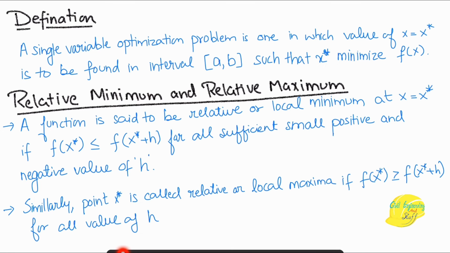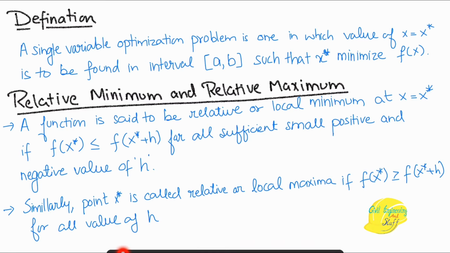A function is said to have a relative or local minimum at x equal to x star if f(x star) is less than or equal to f(x star plus h) for all sufficiently small positive and negative values of h. Your h can be positive or negative, and for that function your value is minimum, so it is called a relative or local minimum.